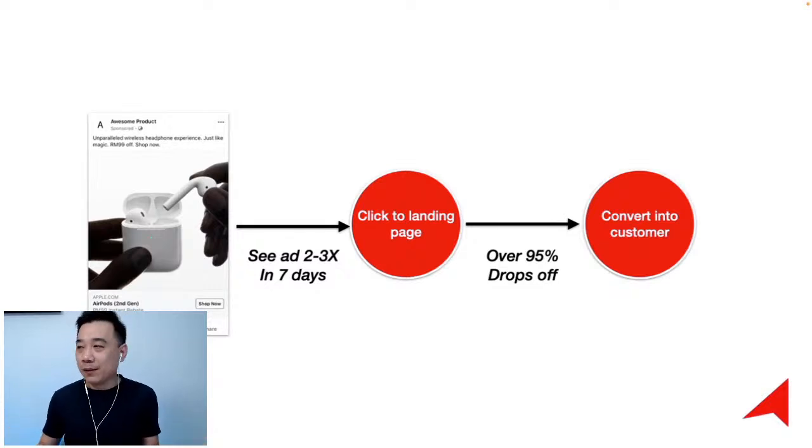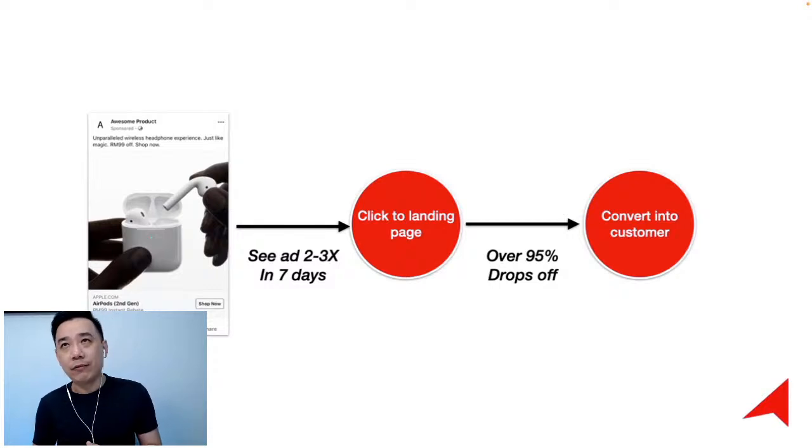So here's the thing. Are you doing anything to remind them? Are you doing anything to bring them back? This is really something that a lot of advertisers do not do. Like this morning, I spoke to a construction company advertiser in Canada. They spend $100 to $200 a day running ads, but they never do retargeting, and their conversion is about 0.5%.